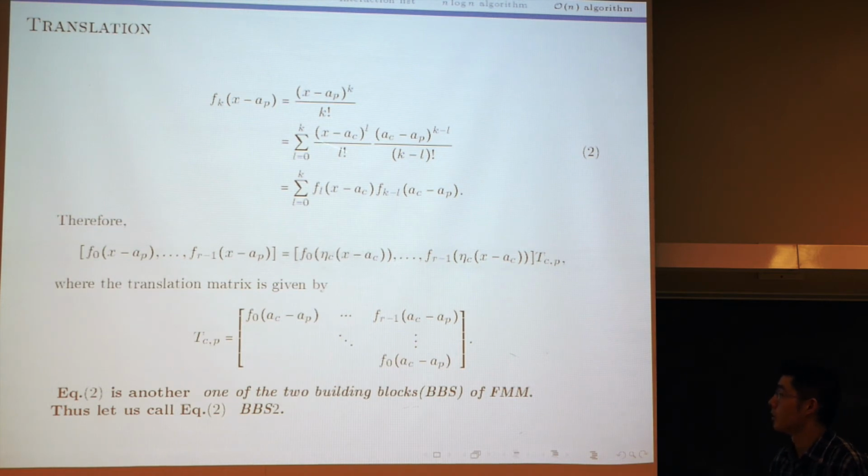Write this formula into a matrix form. We have this relation where T depends only on the two centers, AC and AP. And this equation is another one of the two building blocks of FMM, which we call BBS2.